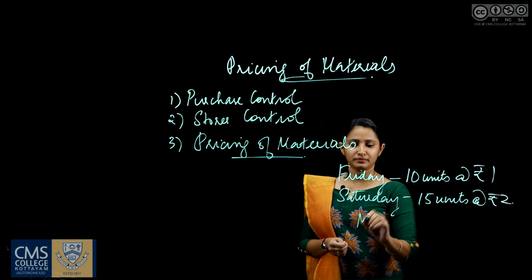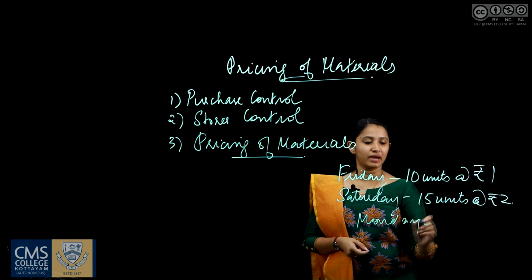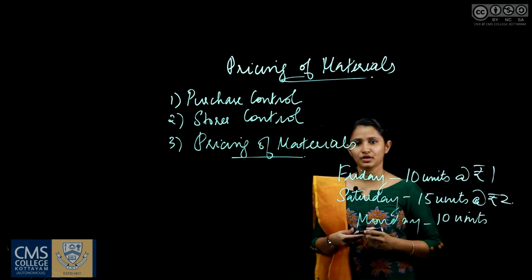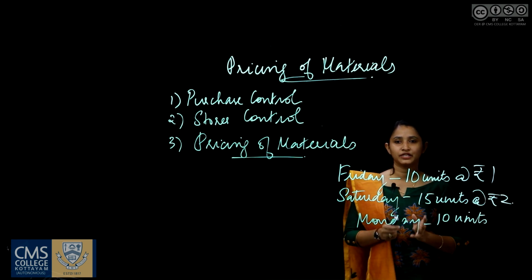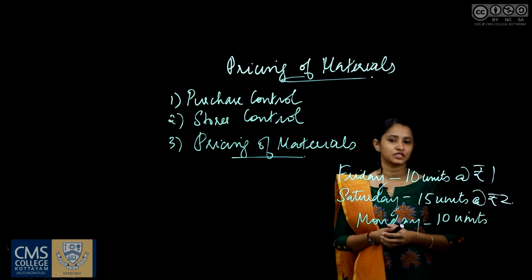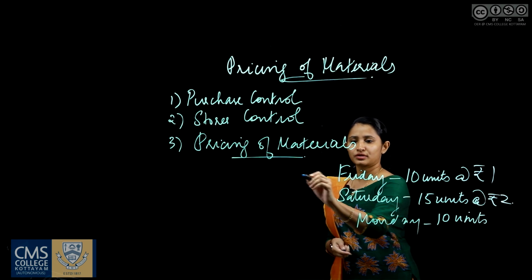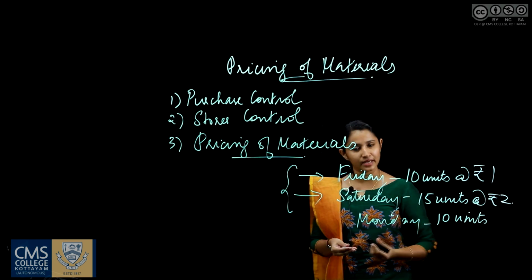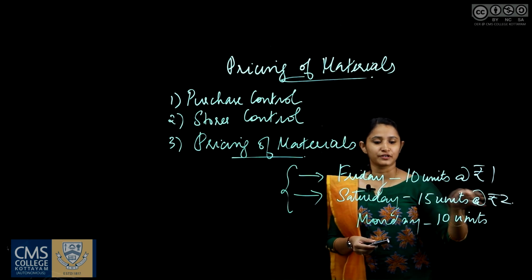Now on Monday, your production department demands 10 units for production. So the production department has asked you to issue 10 units from the stores so that it can start its production. In your warehouse you have two lots of raw materials. These are the same raw materials which you purchased on two different days at two different rates.